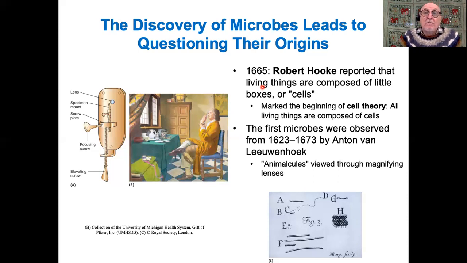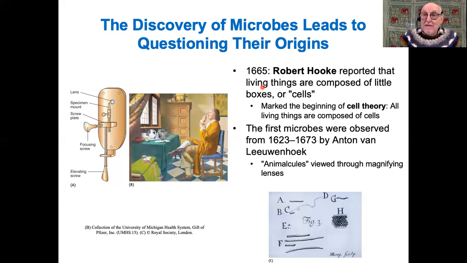And we know now that the cell is the basis of life. The cell is the single characteristic that characterizes all living things. And at its simplest, the cell is defined as cytoplasm contained within a membrane, which allows the interior of the cytoplasm to be different to the exterior of the cell.